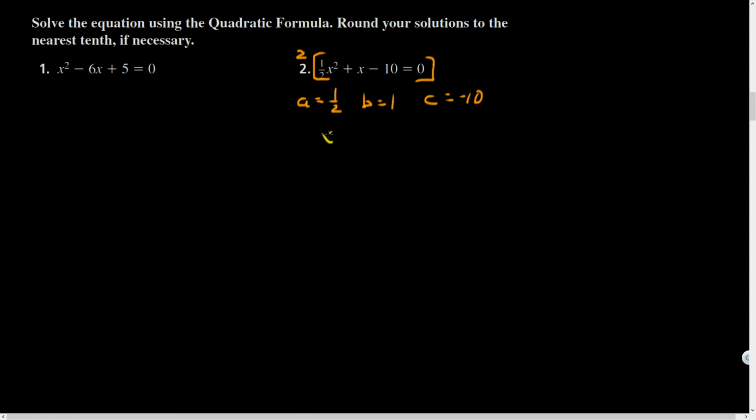I would have gotten x squared plus 2x minus 20 equals, and 2 times 0 is still 0. This is much friendlier numbers for a, b, and c. And by the way, you can kill all the fractions in an equation typically by multiplying by the least common denominator of all of them. They fall apart from the insides. You destroy them somewhat like by attacking their genetic makeup with denominators.